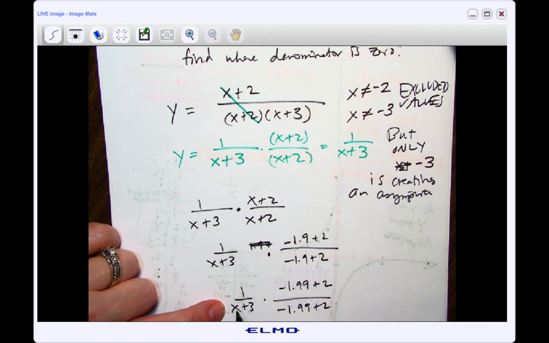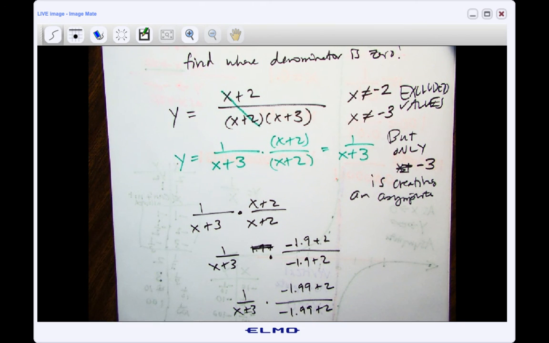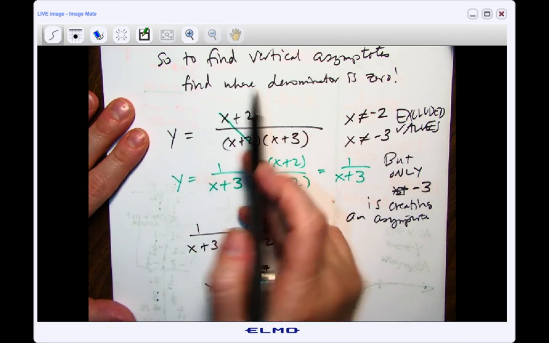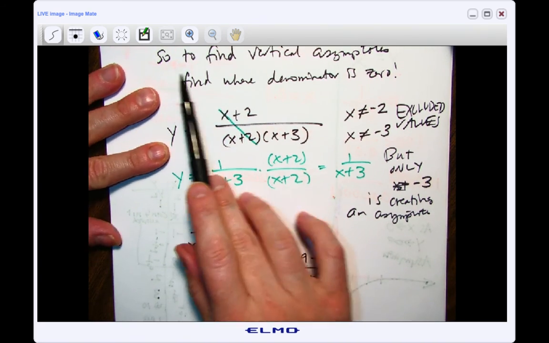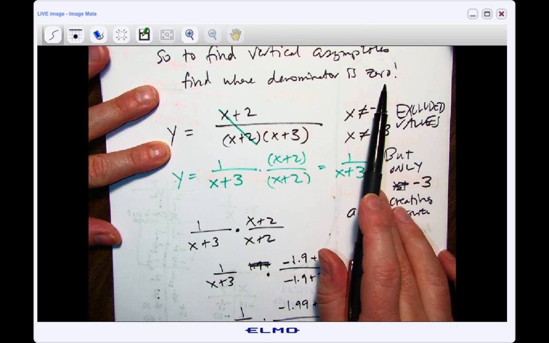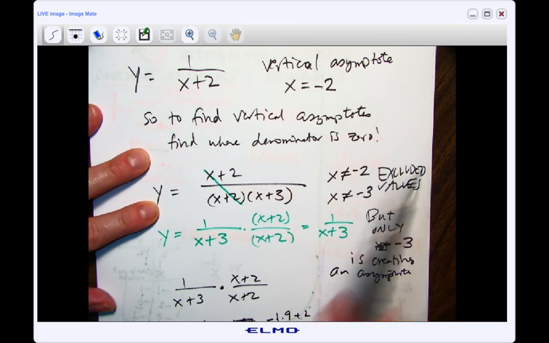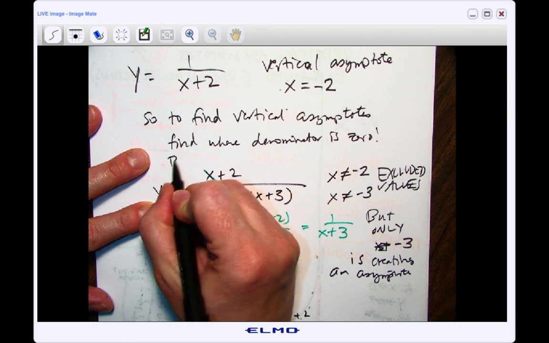This thing, though, when I put numbers close to -3, like -2.9, well, that's going to cause there to be a 0.1 on the bottom, which is going to make that asymptote, okay? So vertical asymptotes, in essence, how you can find them is by finding where the denominator is equal to 0, but the top isn't.